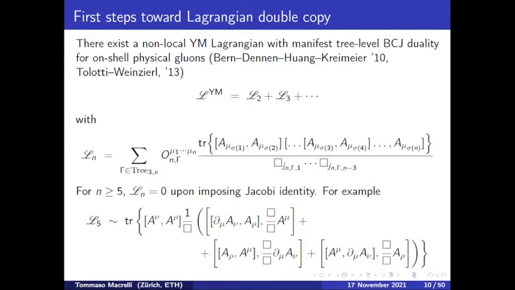To extend this to the loop level, we have, of course, not only to consider the physical gluon, but unphysical polarizations of the gluon and also the ghost. So everything that can appear inside the loop. And this would require much more work. And I will address this point after the introduction on homotopy algebras. And indeed, this is our step that realizes the color-kinematic duality for the BV extended field space.